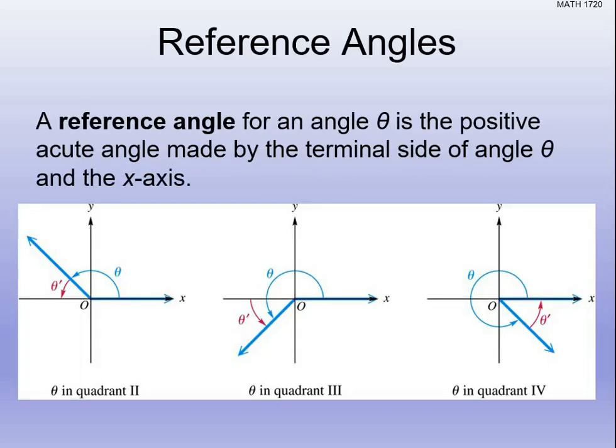Alright, but first of all, let's understand a reference angle and how to determine the reference angle. The reference angle always comes from the x-axis. If you can remember that, you're good. So in the first quadrant, the reference angle is the angle itself.